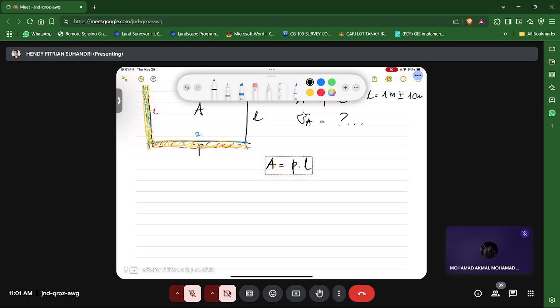So sigma A, according to your, I don't know, Glopov or Slopov or Lopov, whatever they call it. So sigma A, before that, may I ask you whether it is a linear or nonlinear equation? Linear. Do you have another option here?